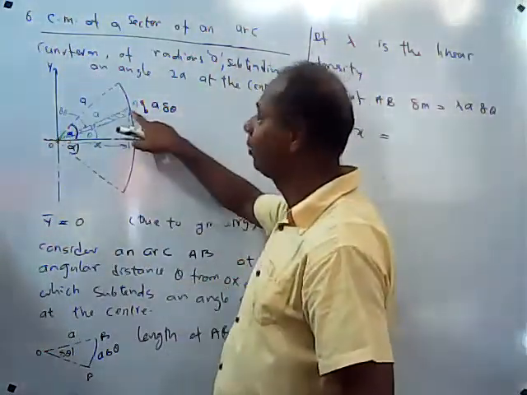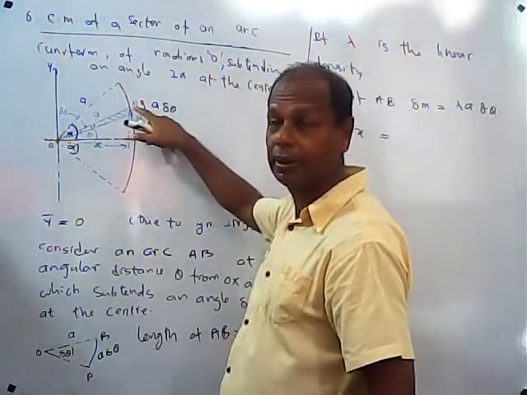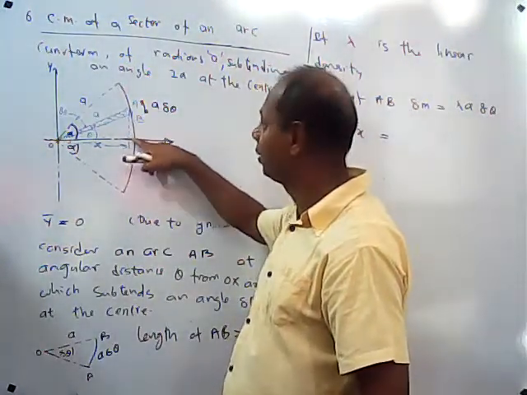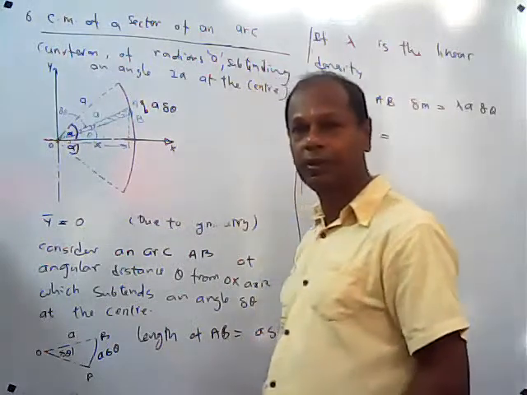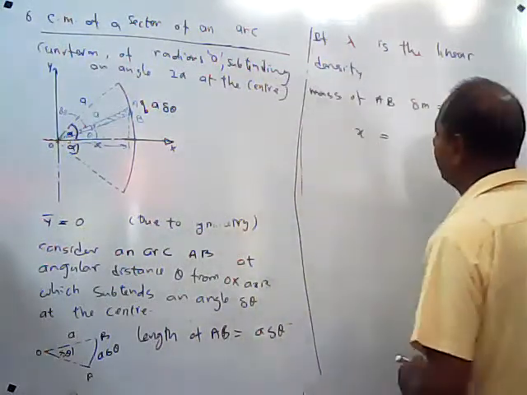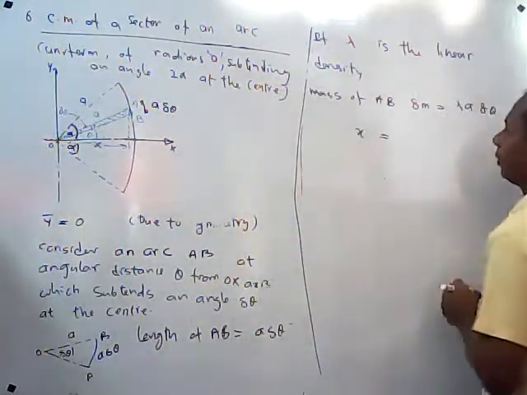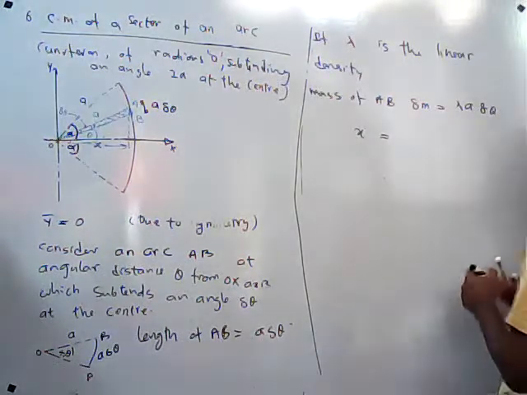You can take it somewhere in the middle of delta theta. So that gives x equals a cos theta, right?